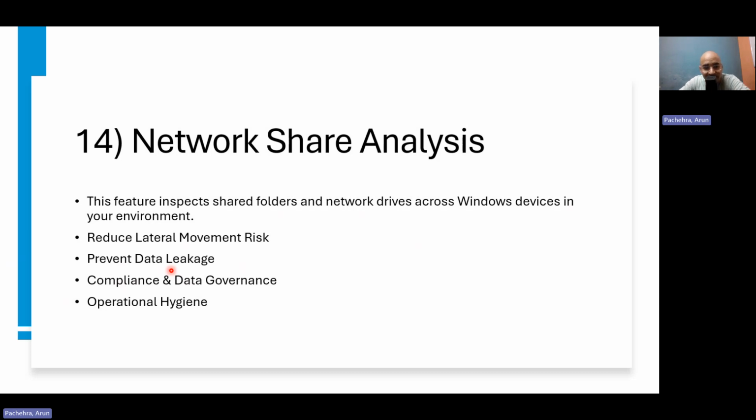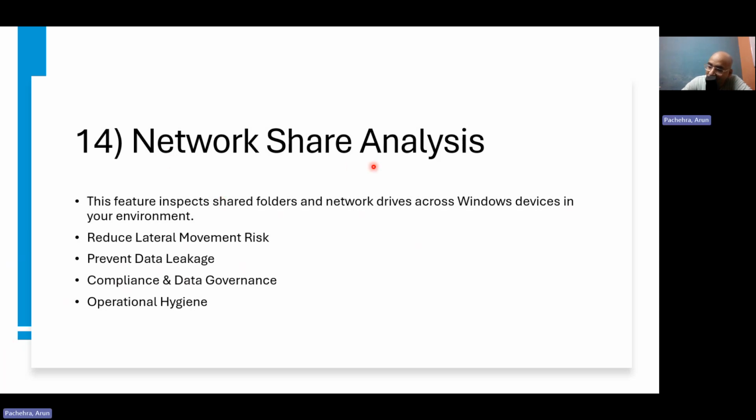So DVM flags shares where unauthorized users may access critical data. Compliance and data governance matter too, because frameworks like GDPR, HIPAA or ISO 27001 require data access control. Insecure shares can be a violation. And operational hygiene, because many organizations accumulate forgotten shares that are still accessible but unmanaged. Network share analysis helps you find those and clean them up.